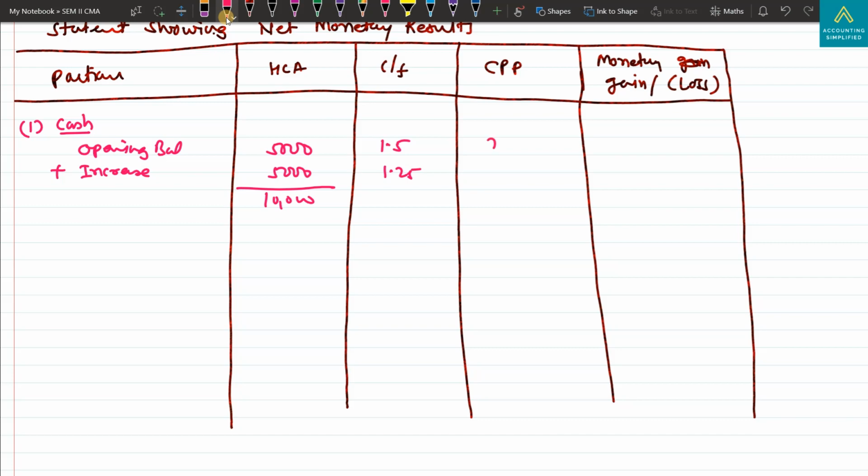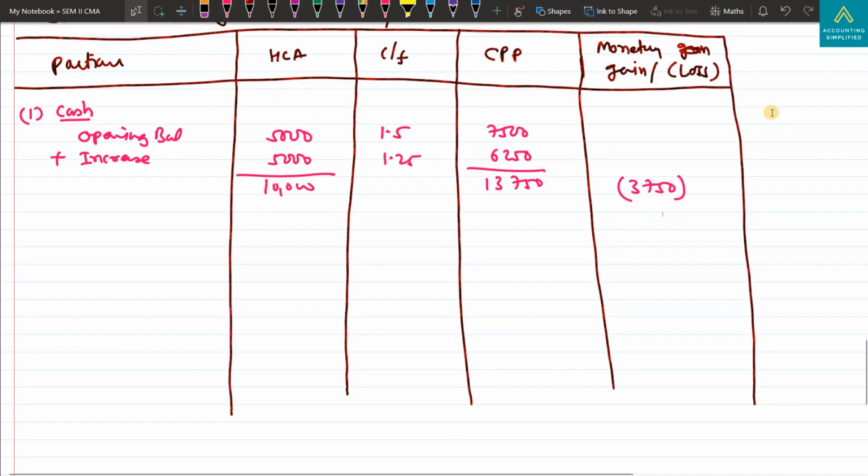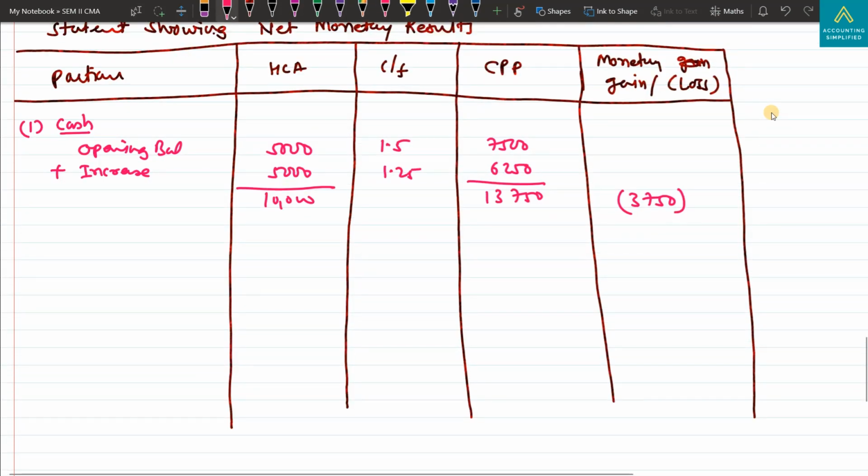If you multiply, this is 7,500 and this is 6,250, so the total is 13,750, right? And the difference is 3,750, and this is cash. We have held cash, so we get a loss, right? It's a loss. I hope you understood this.